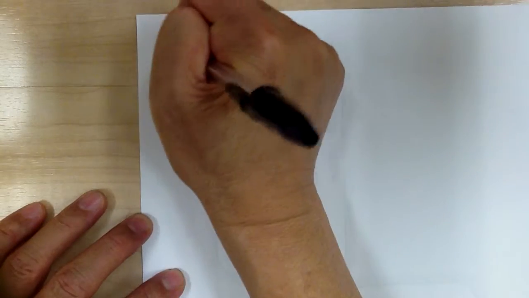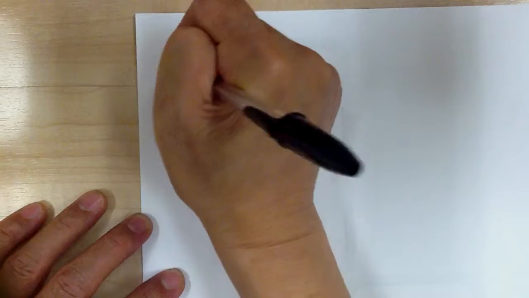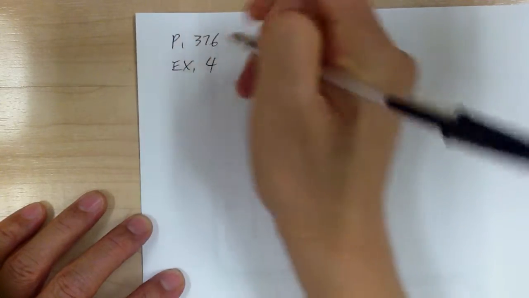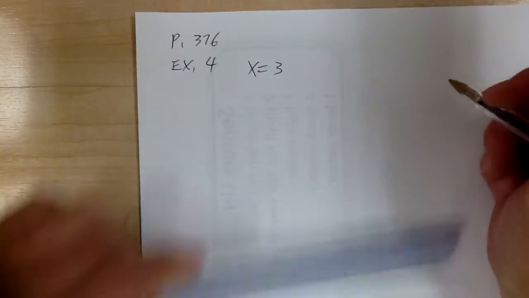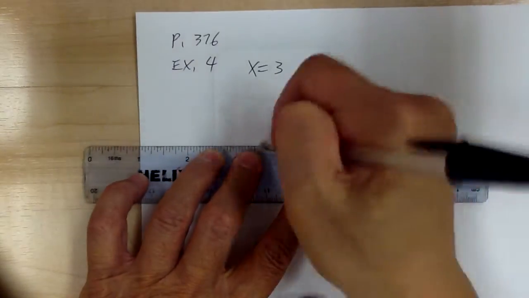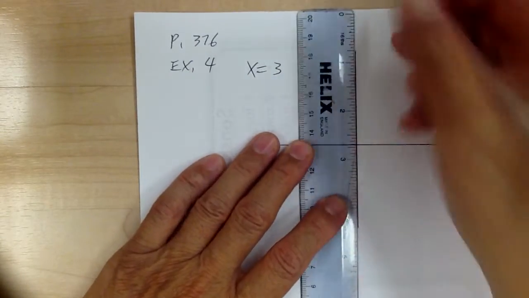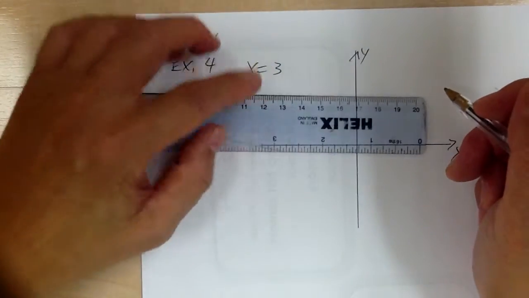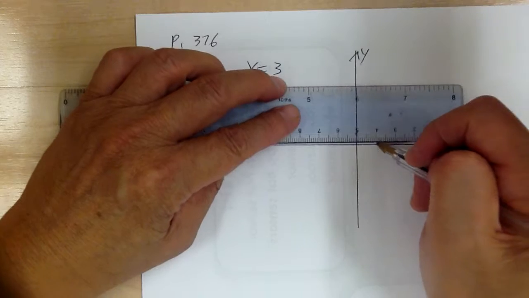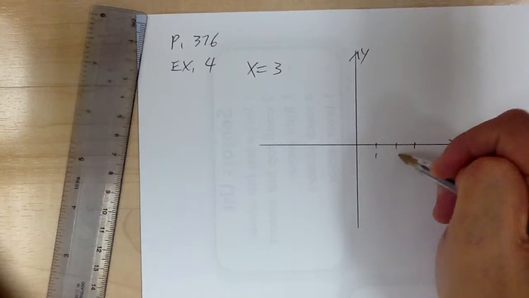Okay, so let's go to page 376, example 4. You want to graph the equation x equal to 3. Now, when you have x equal to 3, notice there's no y. So think about the number line, right? Here's your 1, 2, 3.